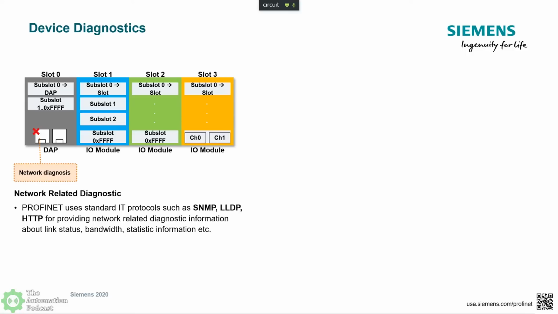And this diagnostic information is stored in the standard MIB, Management Information Base, and can be read by any kind of SNMP tool. You don't need a specific tool. Just take any SNMP tool which you can download from the internet, and you can read out this information. Nice.